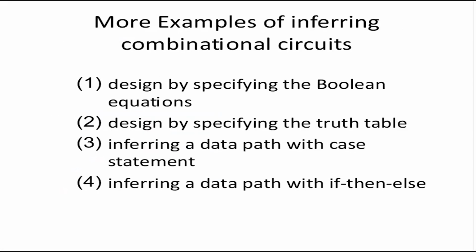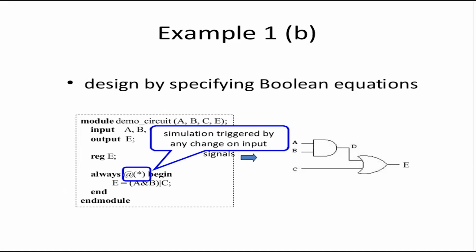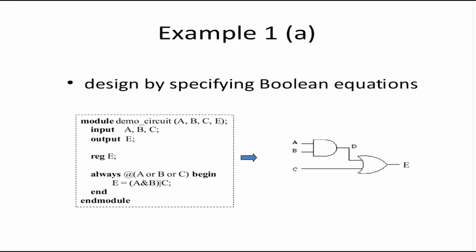So let's see a few more examples. This is one example we saw anyway. We saw here that we could do A or B or C. Now what happens if we forget to write C in the sensitivity list? The simulation will not work correctly if, let's say, we forget A and A changes.